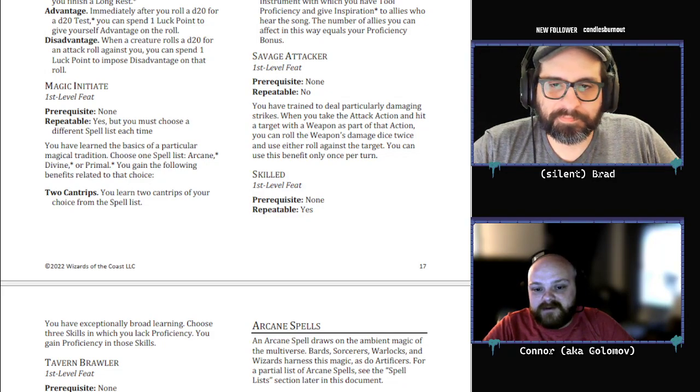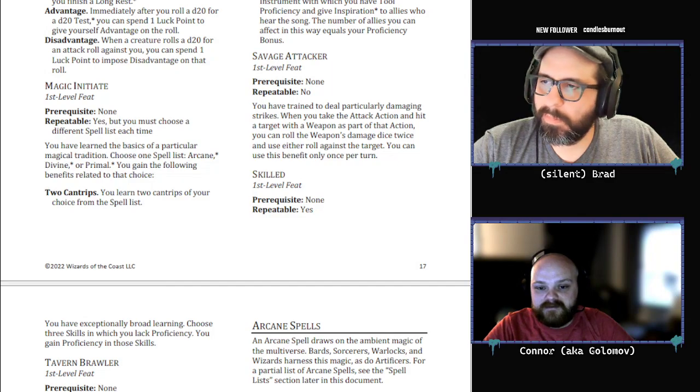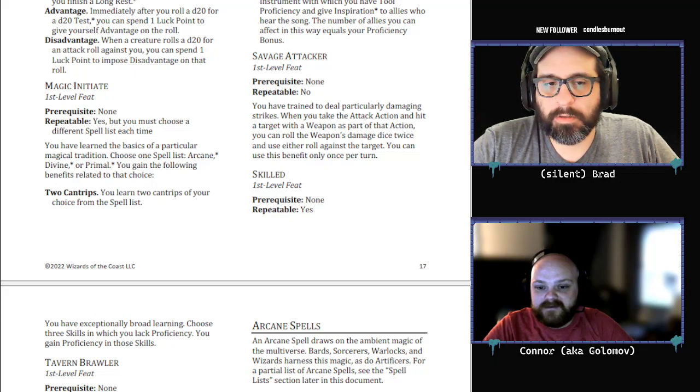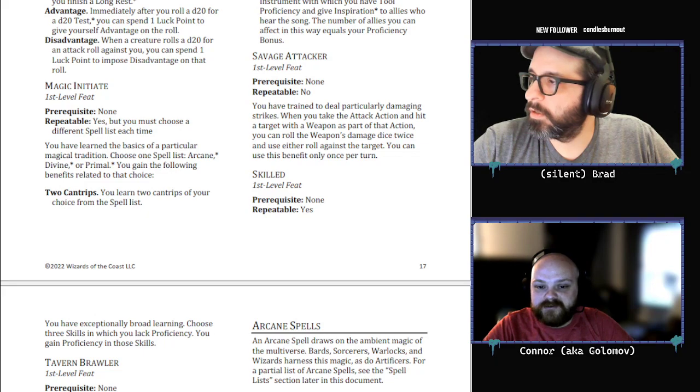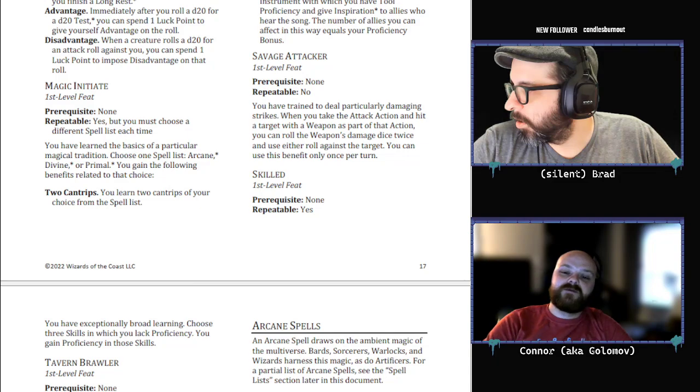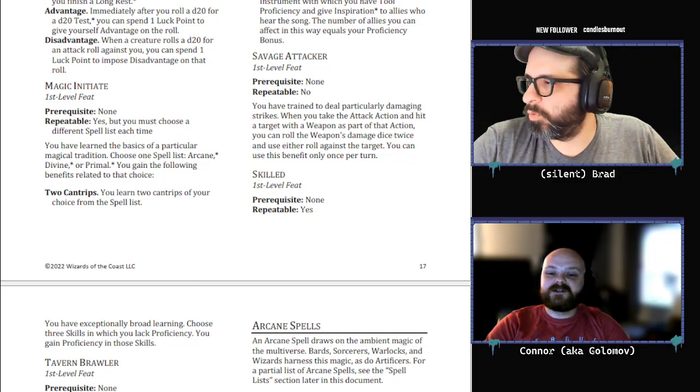Yeah, but you reroll the damage dice. So you can only re-roll once.